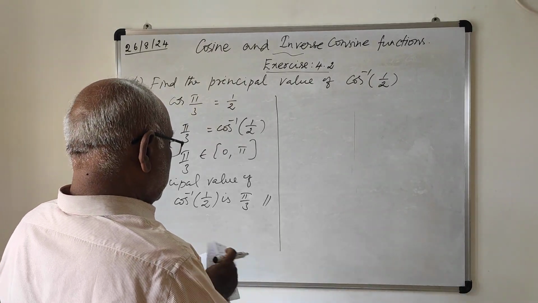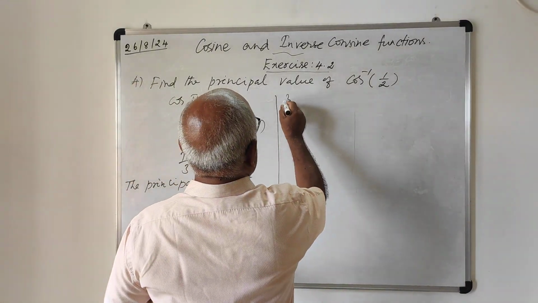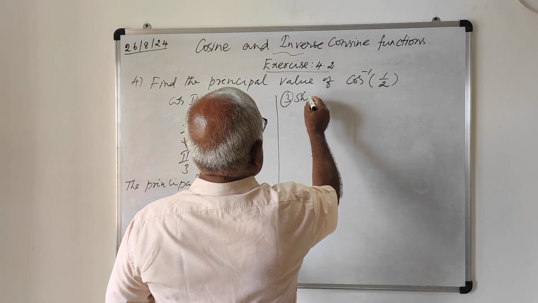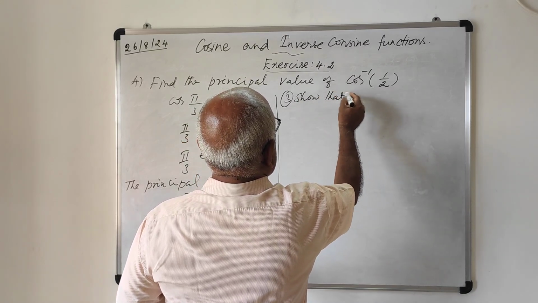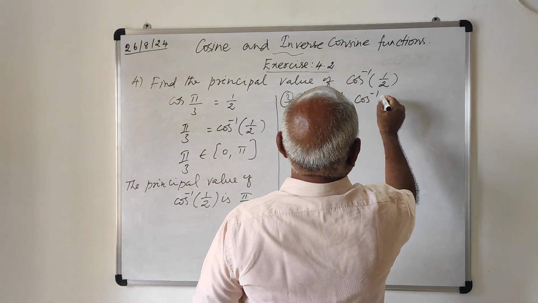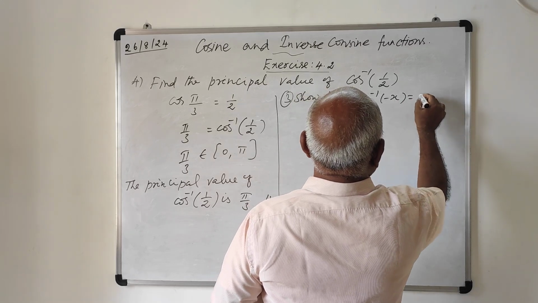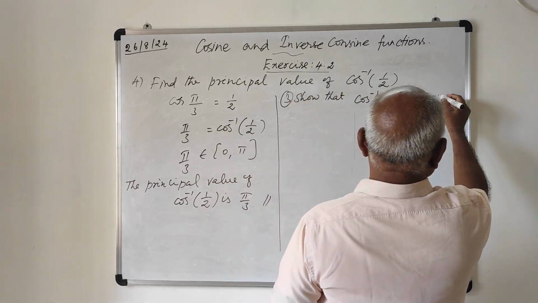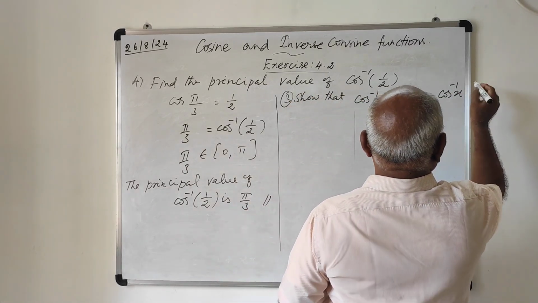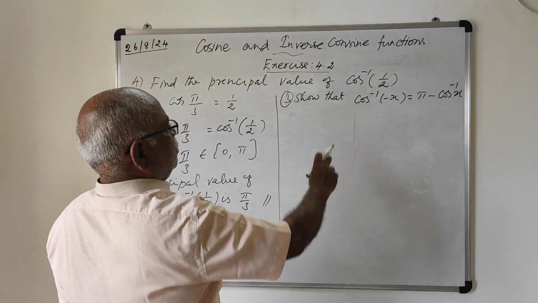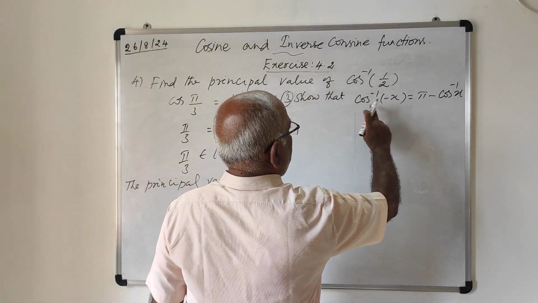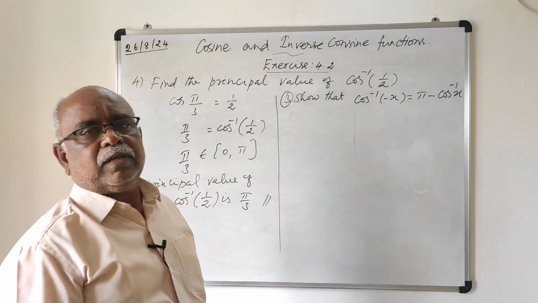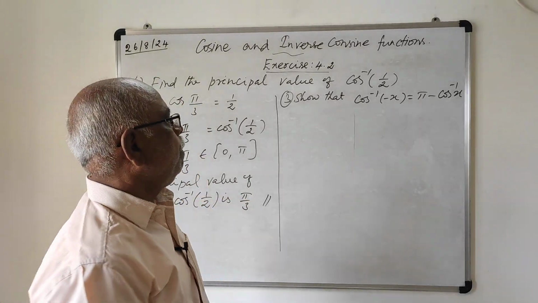Next problem, show that cos inverse of minus x equal to pi minus cos inverse of x. That's our problem.